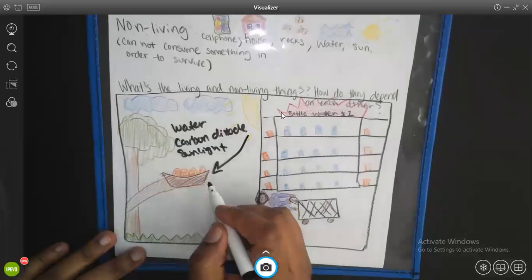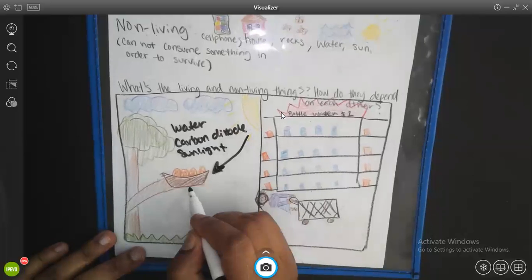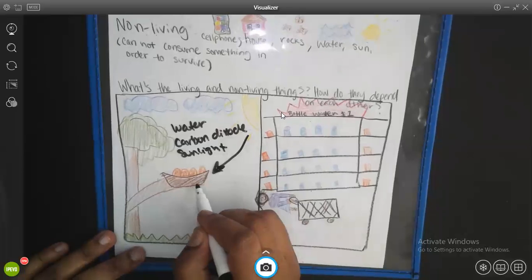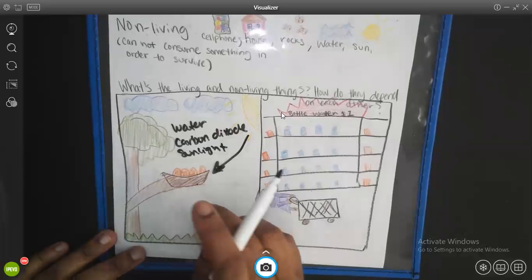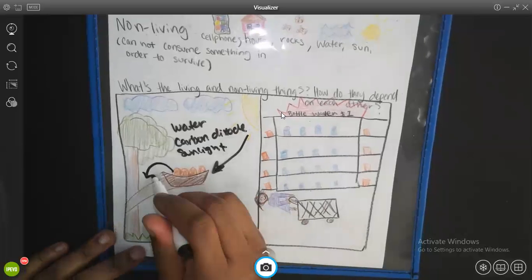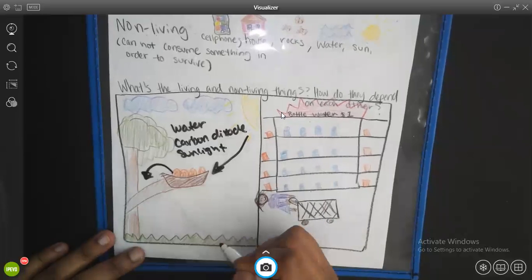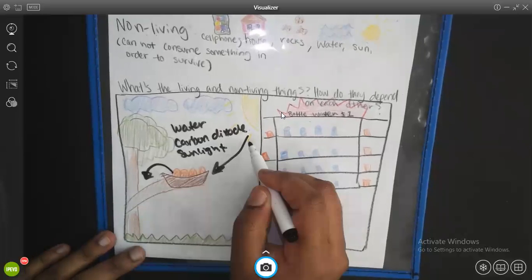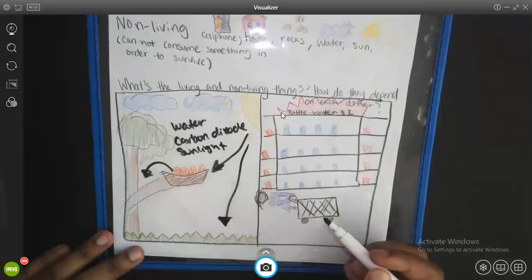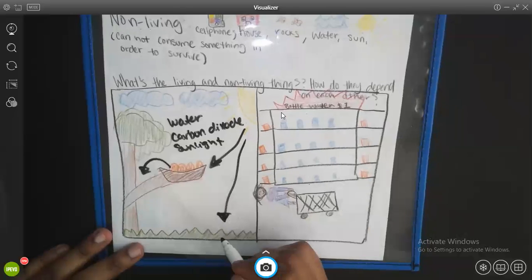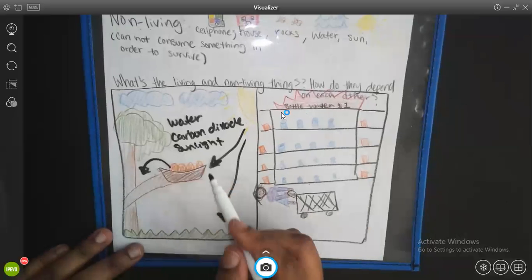It also probably needs carbon dioxide for the little birds in there to survive. And the nest is depending on the tree for shelter. Another living thing is the grass. The grass depends on the sun as a non-living thing in order to survive, because the grass is just like the tree and needs three things, which are water, carbon dioxide, and sunlight as well.